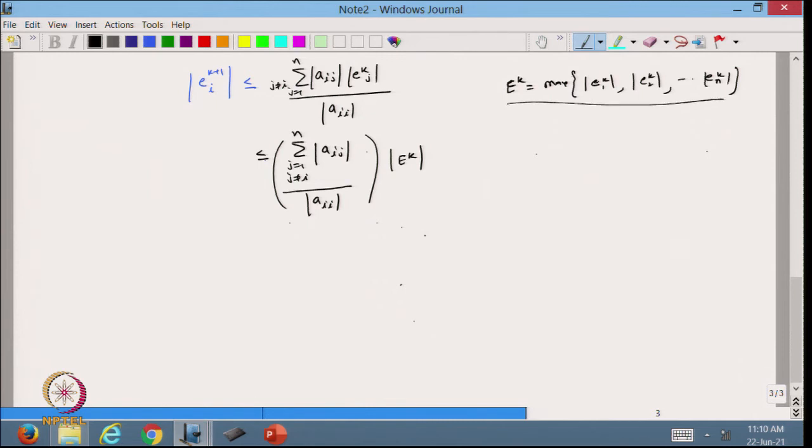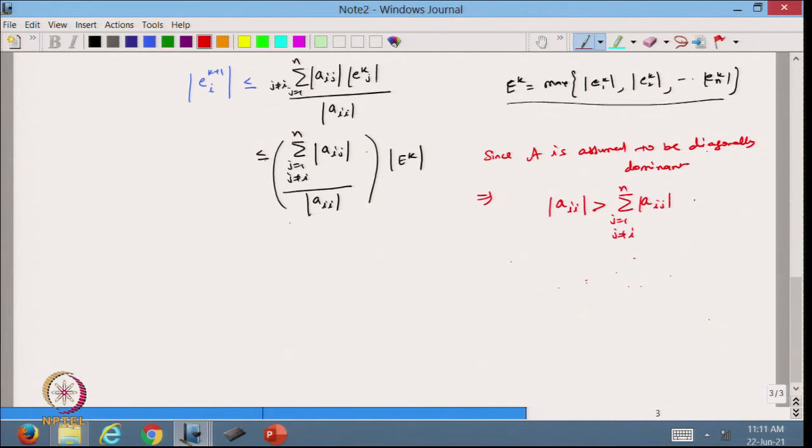Now, from here I will use the property of A. Since A is assumed to be diagonally dominant, which implies that |a_ii| is going to be greater than the summation of |a_ij|, where j is from 1 to n and j is not equal to i, and i is moving from 1 up to n.